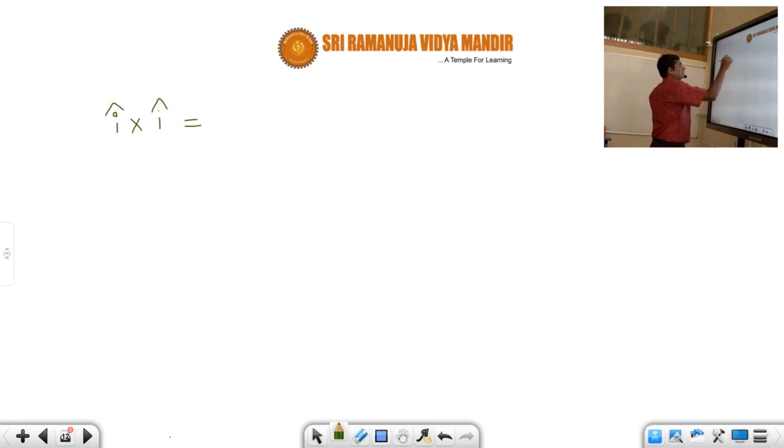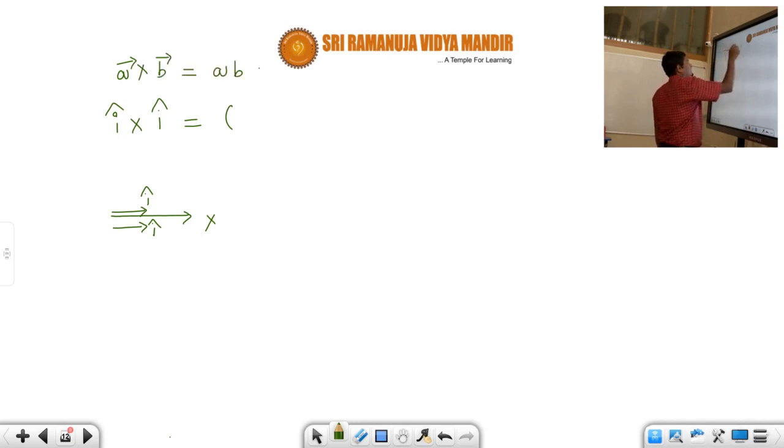So what is i cross i, students? Suppose this is the x-axis, i cap will be like this, i cap will be like this. Now according to the formula, what is the formula for cross product, students? A bar cross b bar is equal to |a||b| sin theta into eta cap. Here |a| is the magnitude of the a vector. So what is the magnitude of i cap, students? 1.